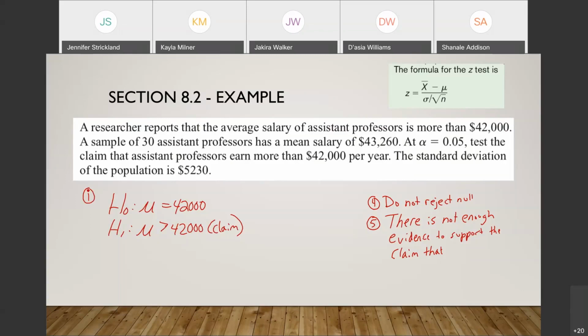So I start here and I'm going to say average. Okay, average, let's see, what are we talking about? Average salary. Okay, and then I'm back to my average is greater than 42,000.